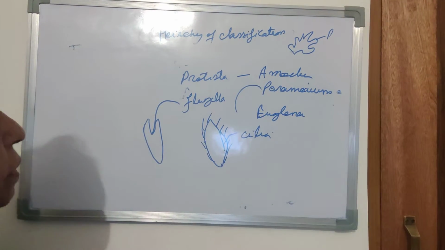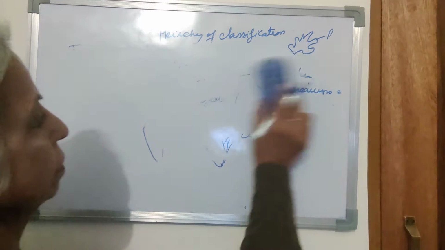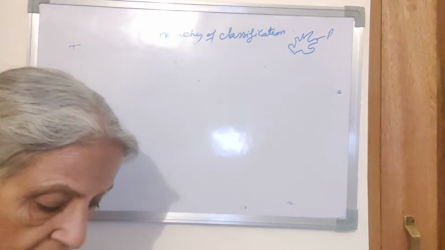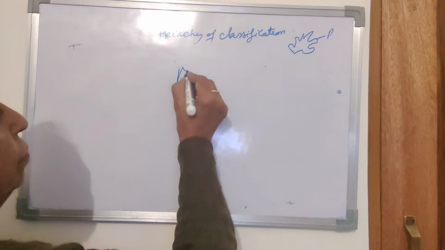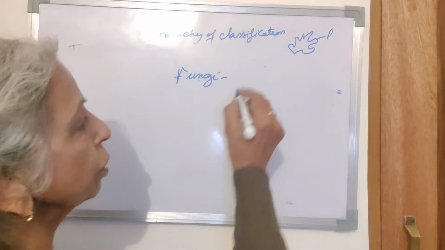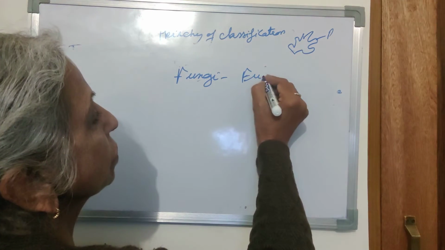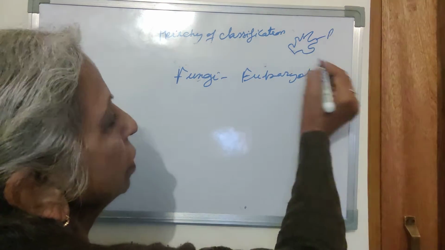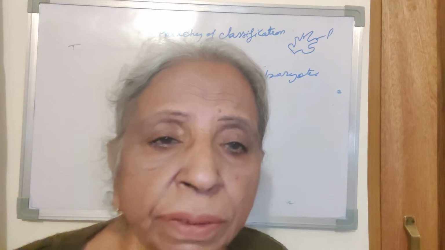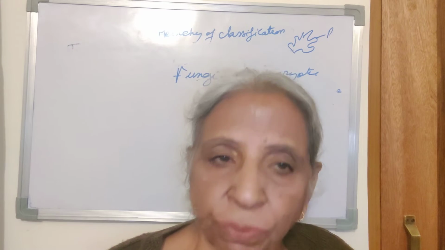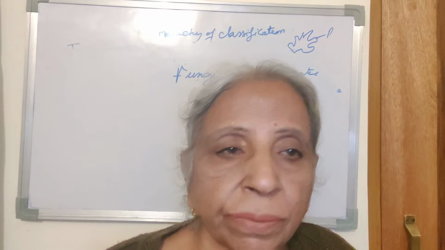Then is fungi. Fungi are also unicellular. They are eukaryotic. Unicellular, but some of the fungi become multicellular at some stage of their life cycle.